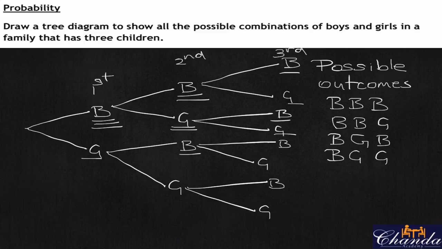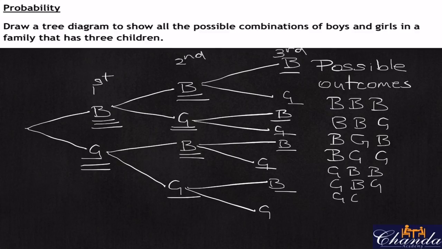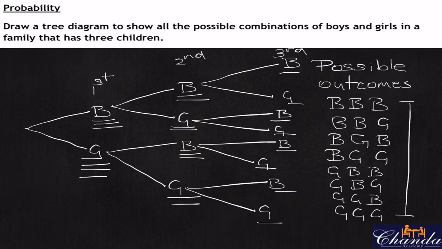So we have girl, boy, boy. Girl, boy, girl. Girl, girl, boy. And then girl, girl, girl. So these are the 8 possible outcomes of boys and girls in a family that has 3 children.